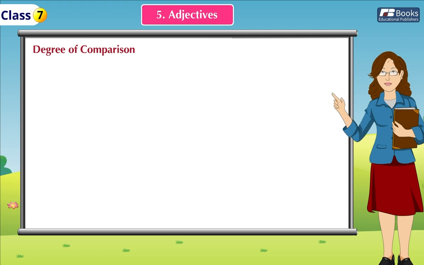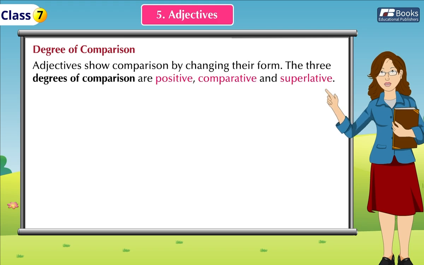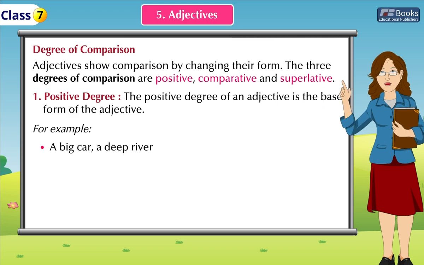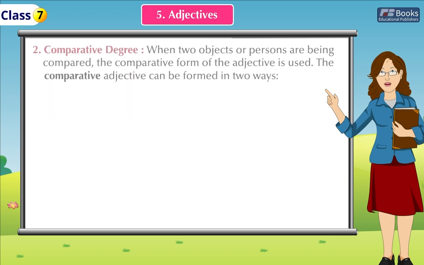Degree of comparison. Adjectives show comparison by changing their form. The 3 degrees of comparison are positive, comparative, and superlative. First, positive degree. The positive degree of an adjective is the base form of the adjective. For example, a big car, a deep river.